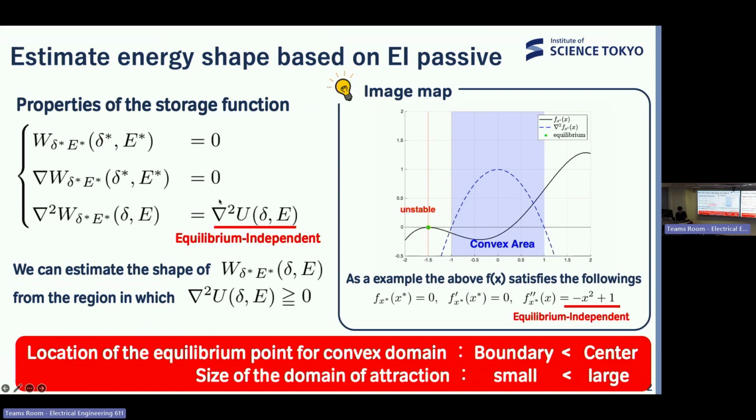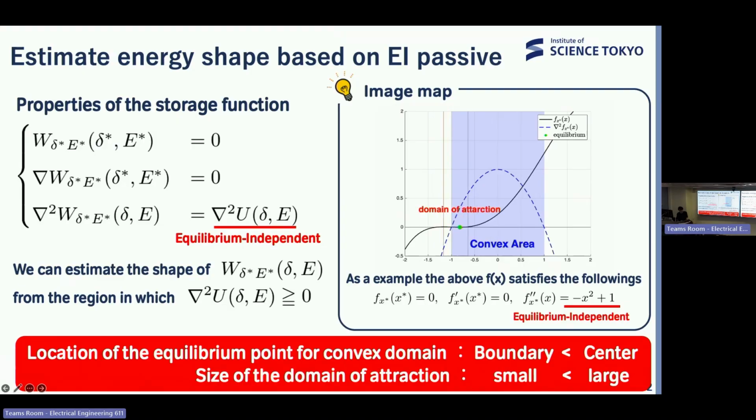The storage function depends on where the equilibrium point is set, but the Hessian of the storage function does not depend on the equilibrium point because of these equations. So we can estimate the shape of the storage function from the region in which the energy function is convex.